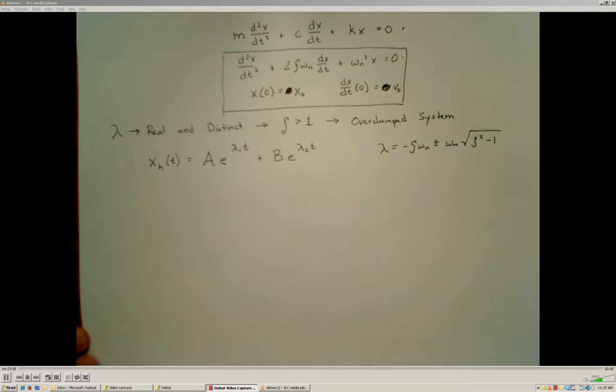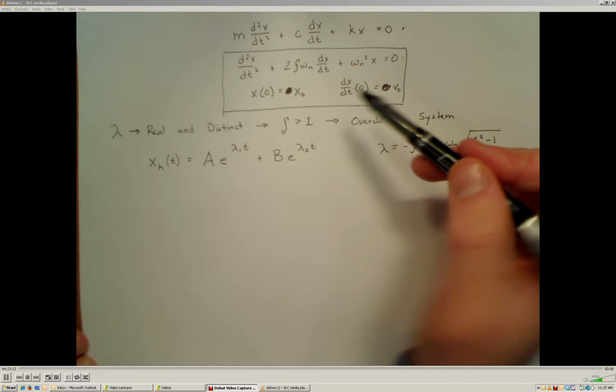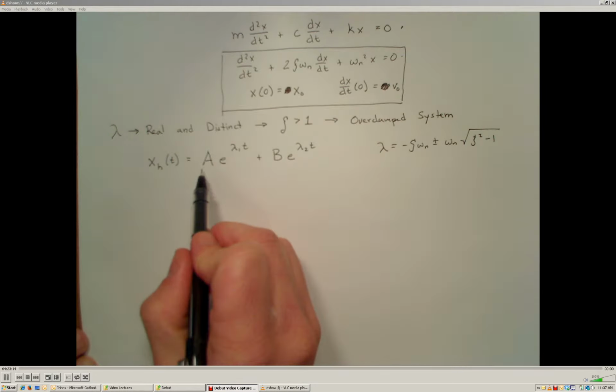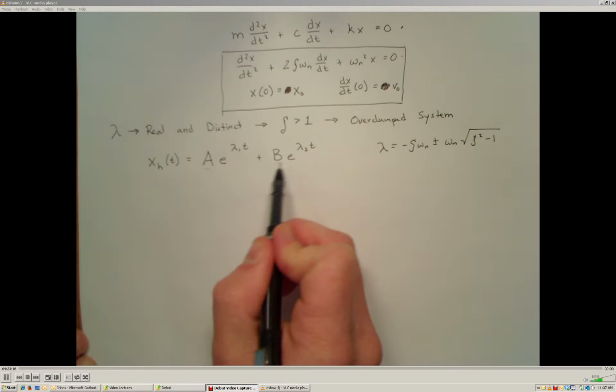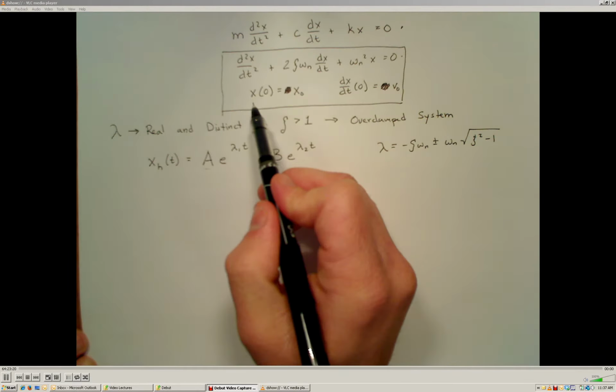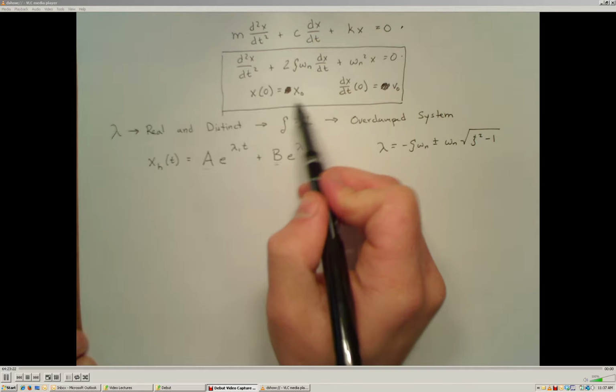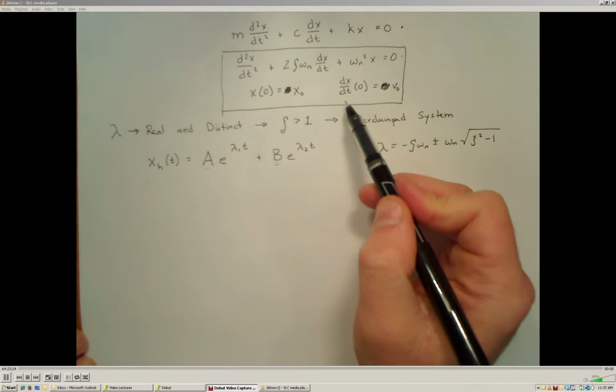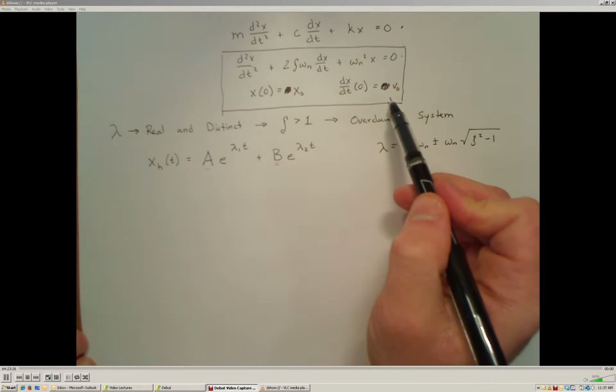If that's the homogeneous solution, the only thing left to do is to apply our initial conditions to determine the value of the unknown constants A and B. We assume that our initial condition is some value x naught, and our derivative initial condition is some value v naught.